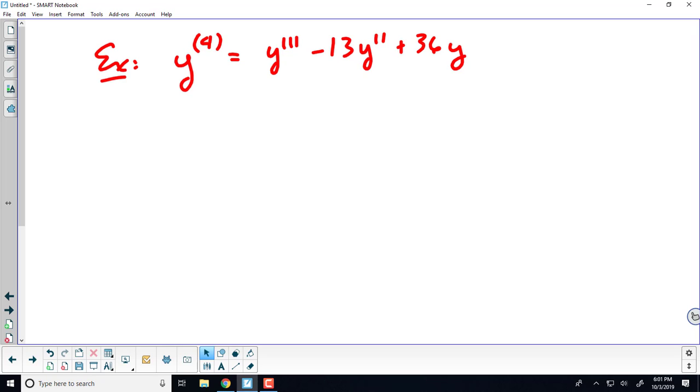Then we just need to find all the roots to the characteristic equation. Was I missing one there? I don't think so. So let's go ahead and set up our characteristic equation to be r cubed minus 13 r squared plus 36 r.